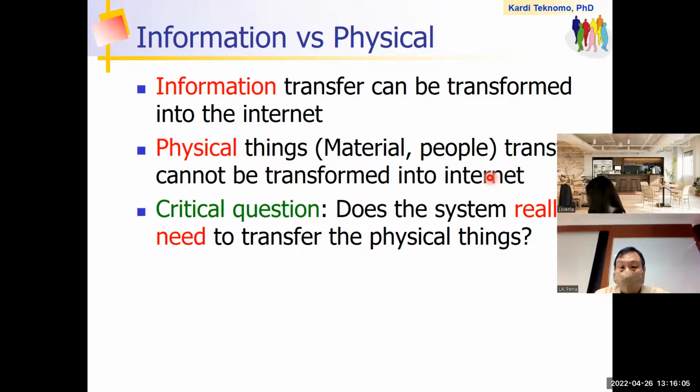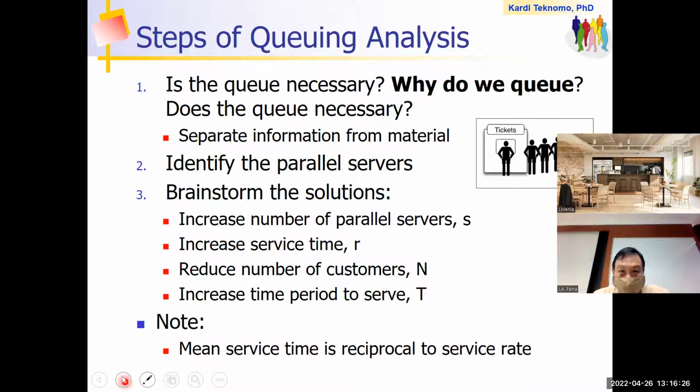Now the critical question is: does the system need to transfer the physical things or not? That is really the critical question here. And of course, you need to know: is this information or is this actually physical things? It's not as simple as you think to separate them.